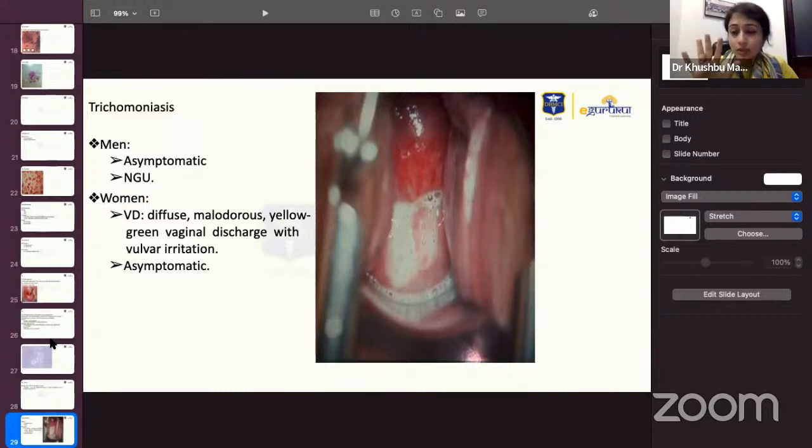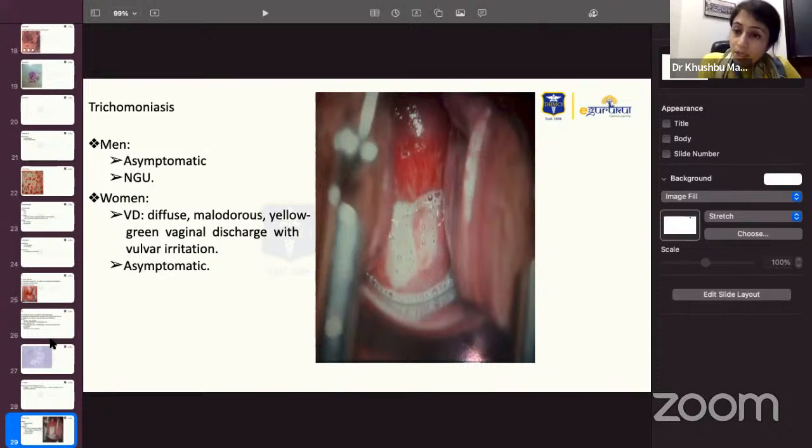It's hardly asymptomatic. So greenish frothy discharge is a characteristic of Trichomonas vaginalis. Another thing, Trichomonas is actually a flagellate protozoa. It's not a bacilli or anything. It's a protozoal disease. They ask you this also. It's caused by Trichomonas vaginalis, which is a flagellate protozoa, giving rise to greenish, frothy discharge associated with some irritation, some itching.